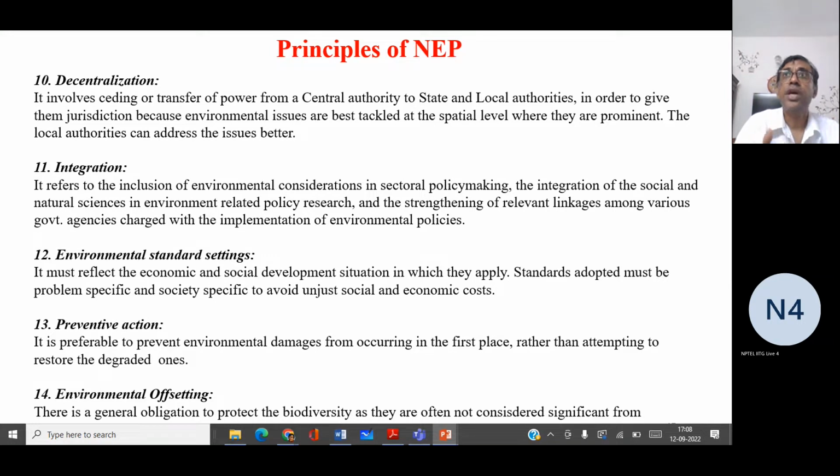This is to help you revise the portions that you have already gone through. I request all of you to carefully see the slides and the lectures, and I'm sure most of you will benefit if you go through them slowly and with a little bit of patience.